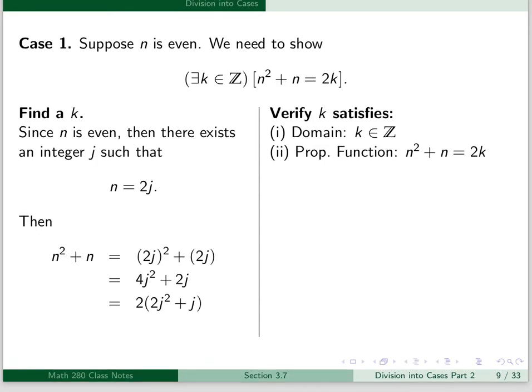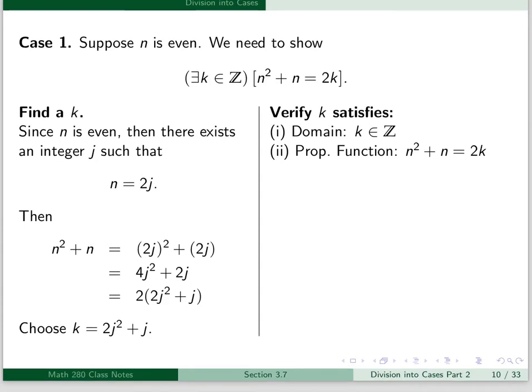Then n squared plus n is going to be (2j) squared plus 2j, and after a few steps in algebra, we obtain this as 2 times the quantity 2j squared plus j. And now this looks like our propositional function with 2j squared plus j taking the place of k, so we can choose k to be 2j squared plus j.